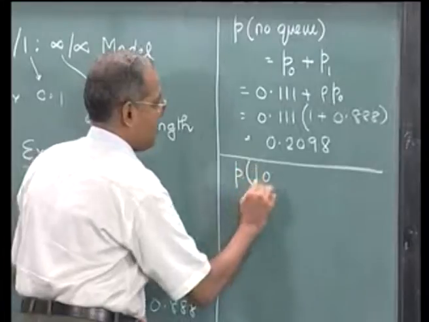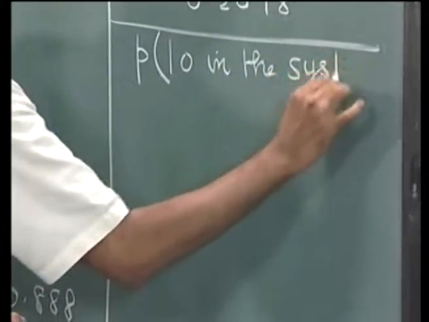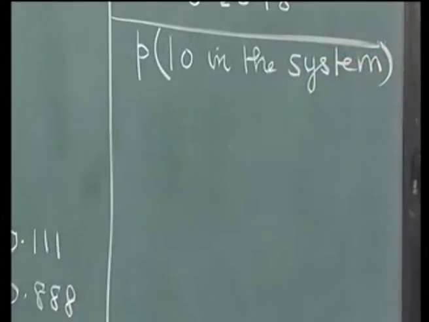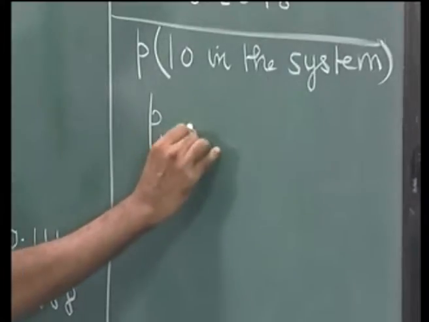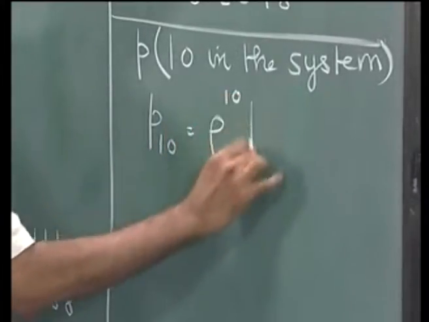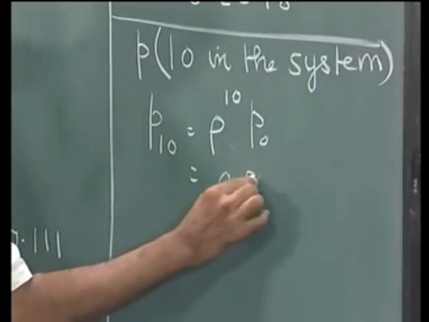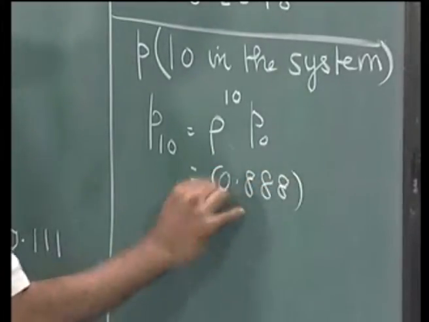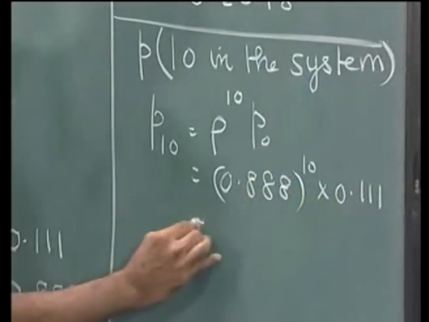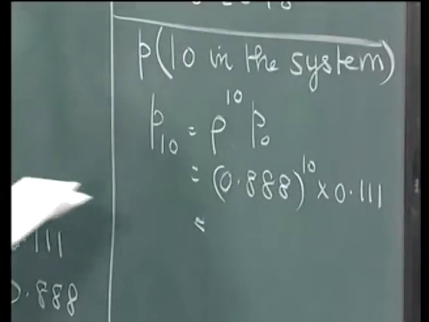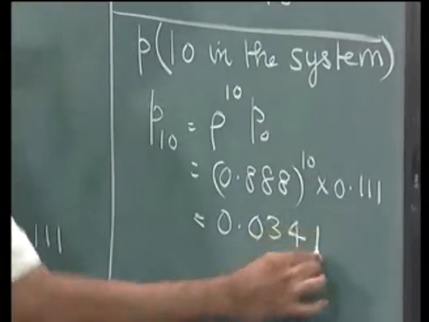Now, let us try to find out what is the probability that there are 10 people in the system. The probability that there are 10 people in the system is given by P 10, which is rho to the power 10 times P naught, which is 0.888 to the power 10 into 0.111, and this will be given as 0.0341.